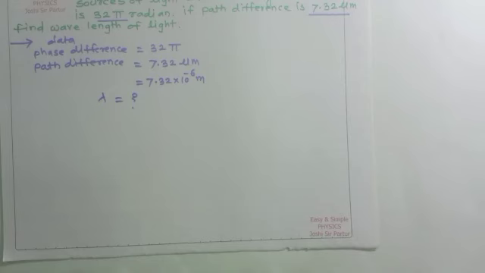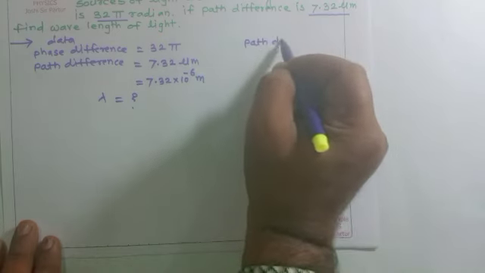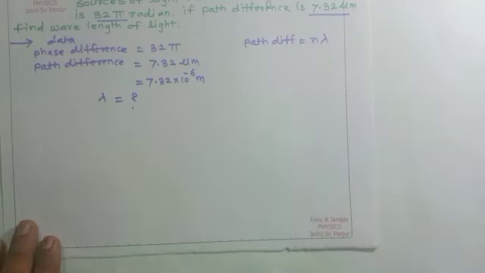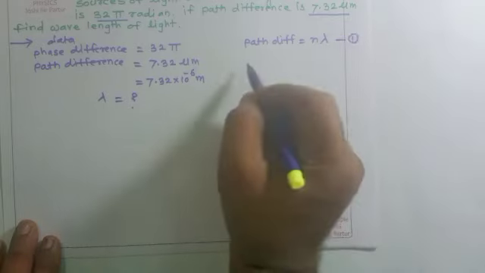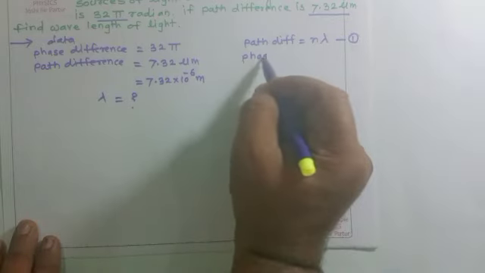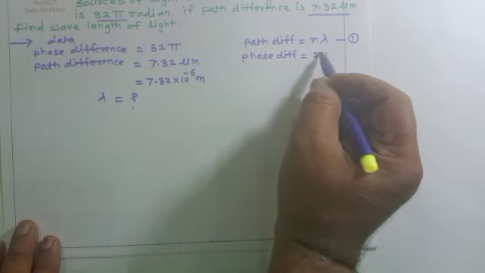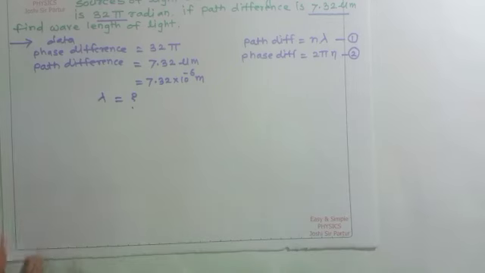For finding wavelength, we use path difference is equal to n lambda, equation 1. Again we use phase difference, which is 2 pi n, equation 2.